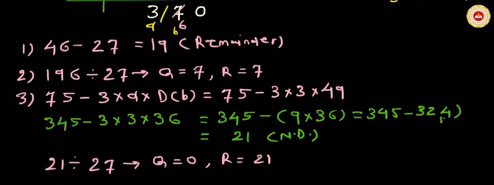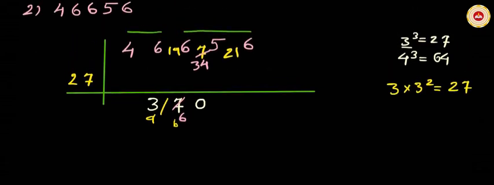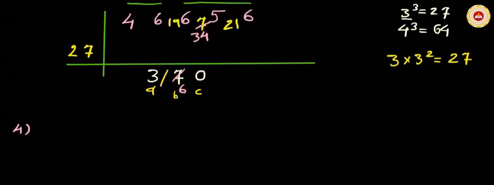Okay, see, the first digit is A, the second digit is B, now this is C. This digit is C. Now we are going to find the fourth digit. So step number 4 is, 216 is our gross dividend.